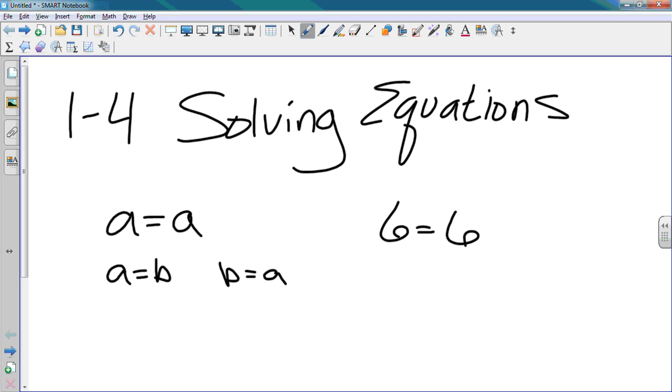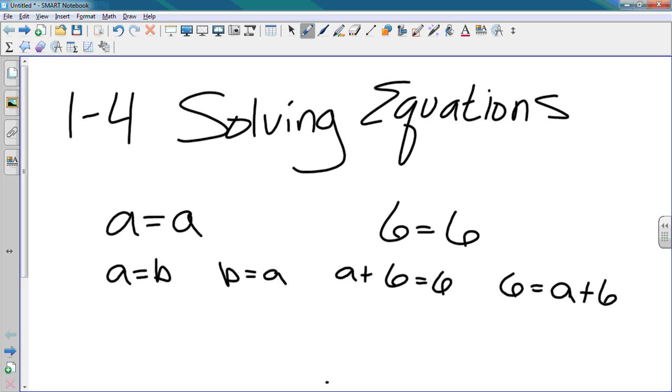A equals B, B equals A. Six equals 6. Basically, you can switch it around. That was reflexive. Well, that one's symmetric. The first one's reflexive.